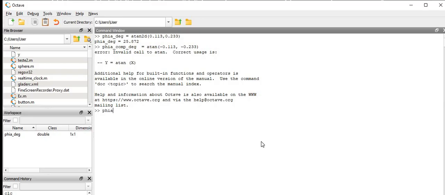Let's try it again. Just phi in degrees, which is equal to... The problem is because I forgot to type 2D, so it's okay. atan2d.